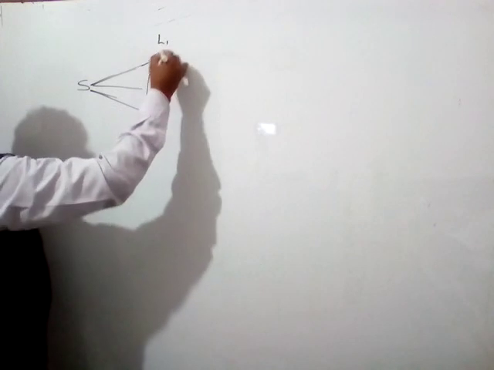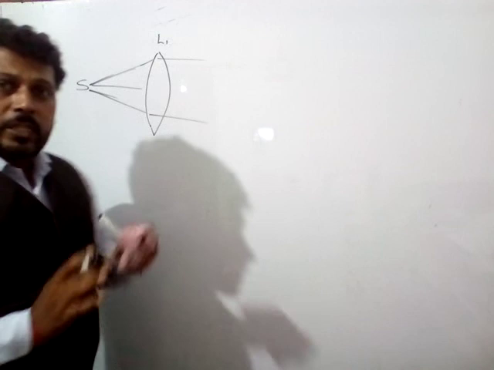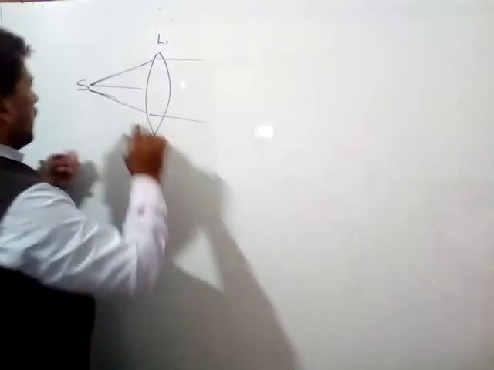This is convex lens L1, and this source is placed at the first focal point.